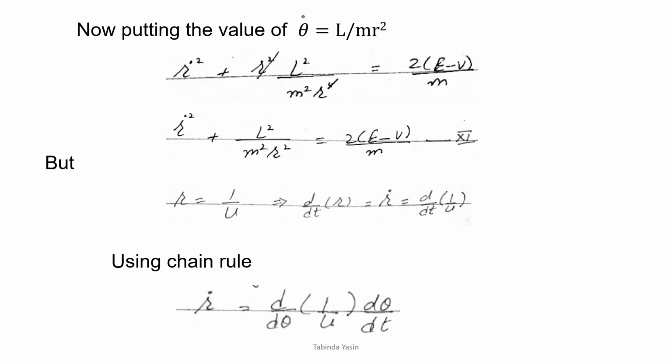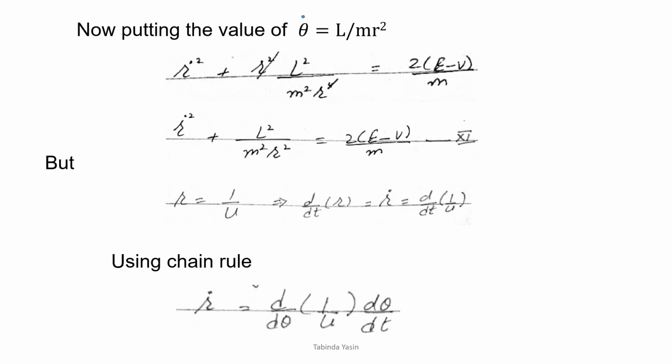but we know that r is equal to 1 over u. From here, if we take the differential of r, that is dr over dt, that will be equal to r dot, and d by dt of 1 over u. Similar to what was done previously, we will take the chain rule.